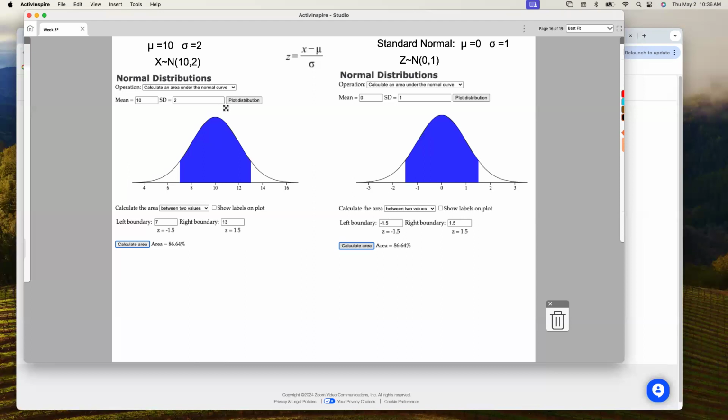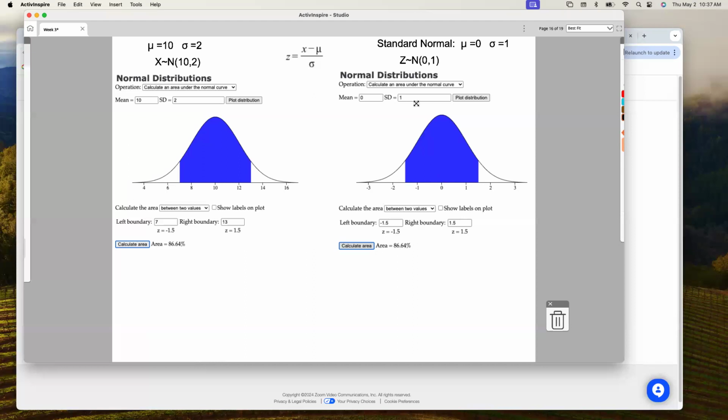Okay, so if I didn't have software, I would have to go back and convert these values, 7 and 13, to these z values using this formula, and then go look up the areas on the table to actually get these probabilities. Now I'm just going to use the software. I did use the software here.